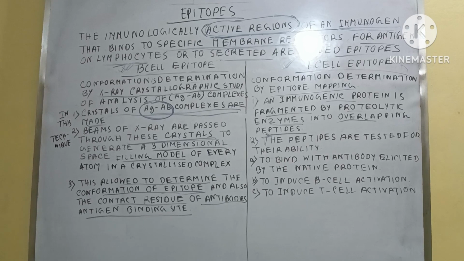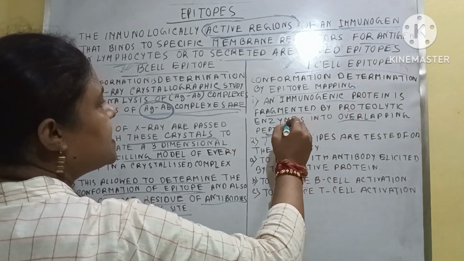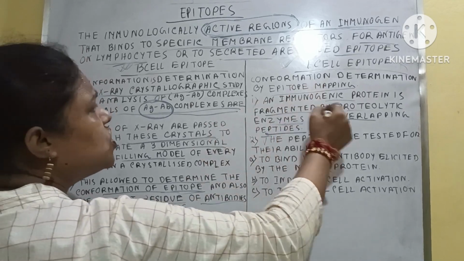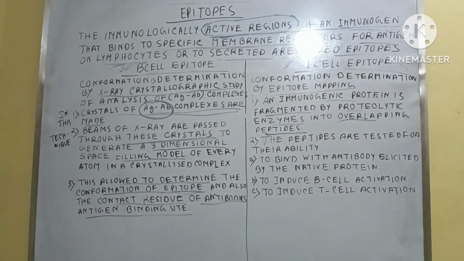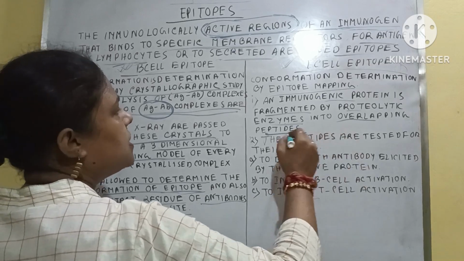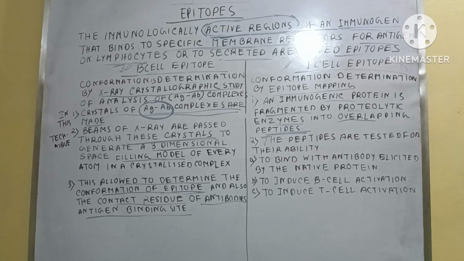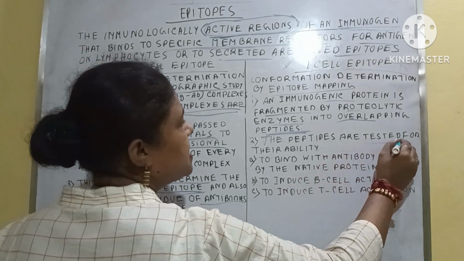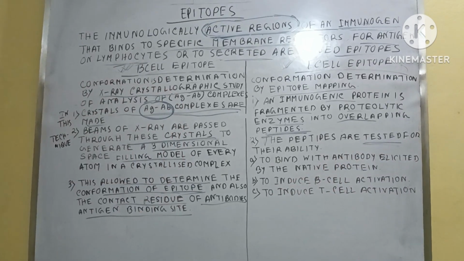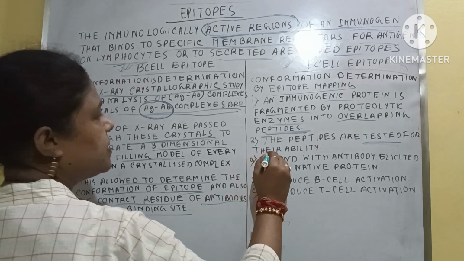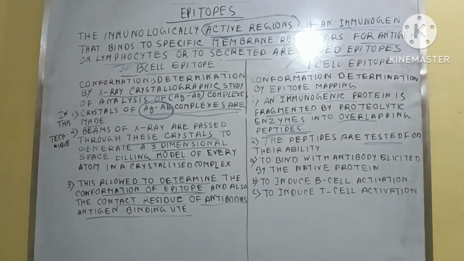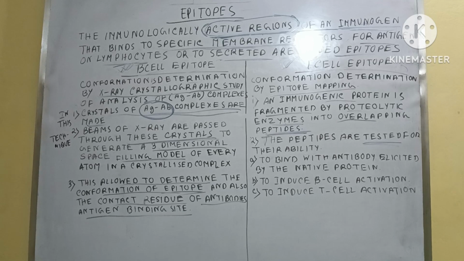These fragments formed by the proteolytic enzymes from the immunogenic protein are overlapping peptides. Second, the peptides are tested for their ability. How much ability do they have?